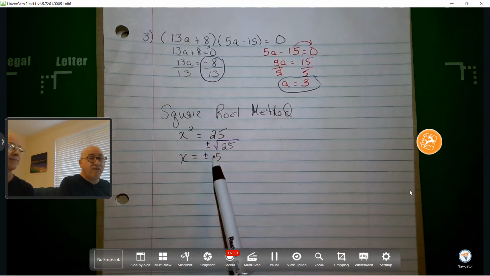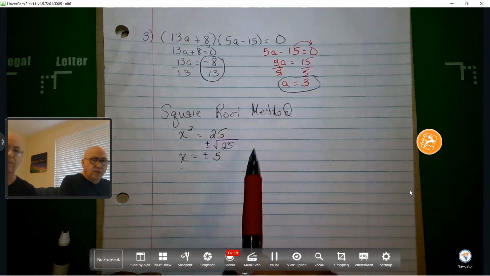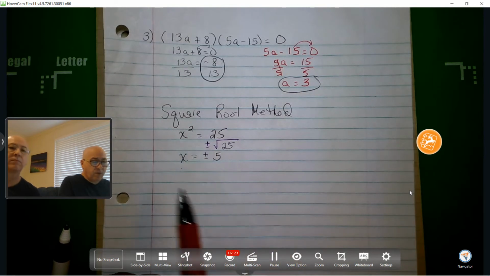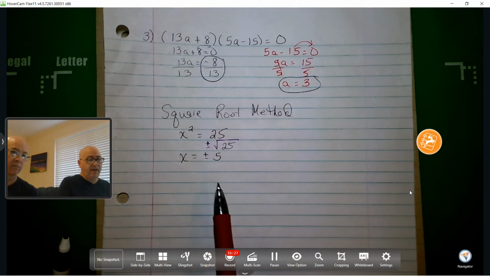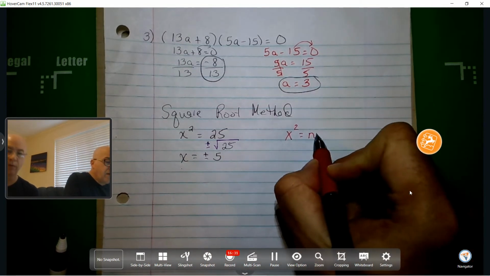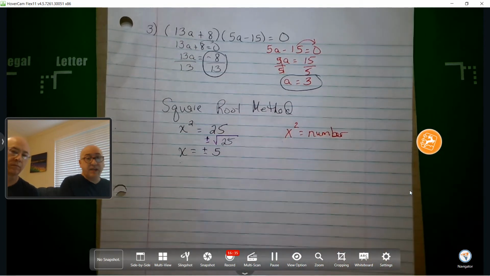I hear someone's phone going off. Sorry. There are some downsides to this. It's got to be in this form: x squared equals a number. So the square root method works well if it's just quantity squared equals a number. You might have to do a little bit of work to get it in that form if it isn't already.